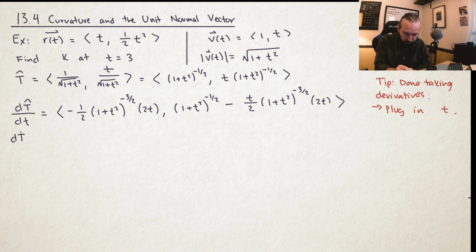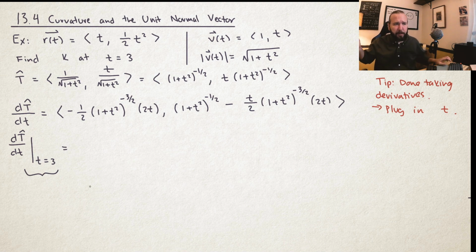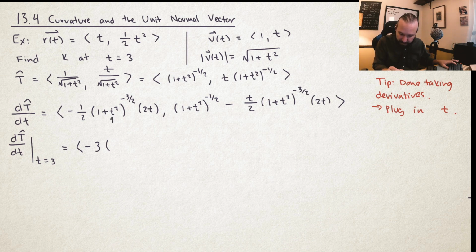So I'm going to use vertical line notation, this notation right here. That just means I plugged in t equals 3. Hopefully you've seen that notation before. So I'm going to get this. Oh, these 2's are going to cancel. That 2 right there will cancel with that 2 right there. Sweet. All right, so it will just be negative. Oh, there's a t right there, and I'm plugging in t equals 3. So there's the negative and the t. Now I'm plugging in t equals 3 right there.